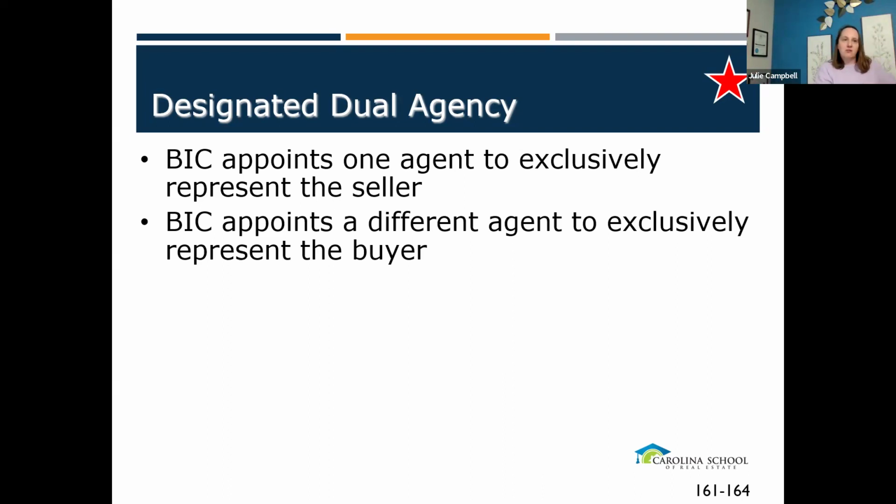Maybe you had a previous relationship with them. Maybe your kids play soccer and you're both on the PTA. Is there a good chance you know something about their motive, something about what they're doing? The BIC needs to first make sure that you don't have confidential information about the other side before you can be designated.